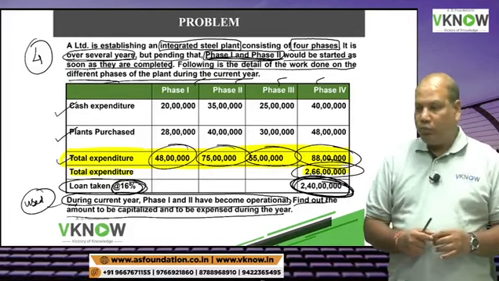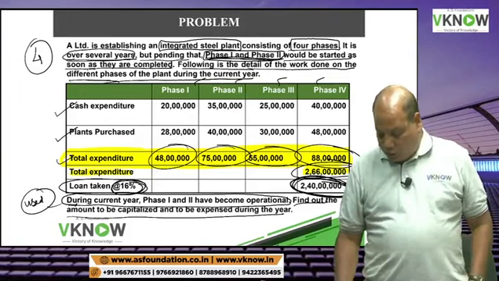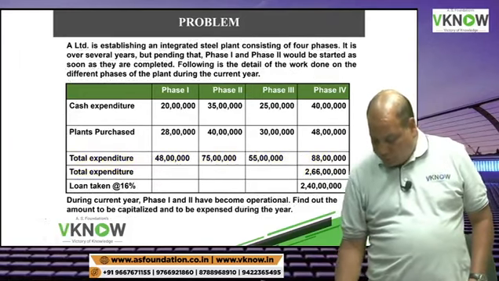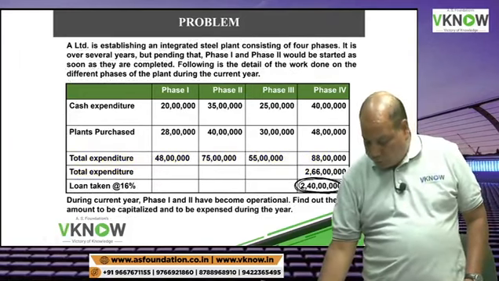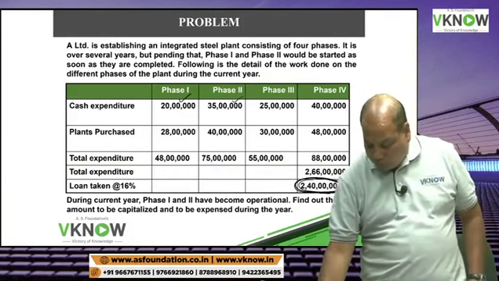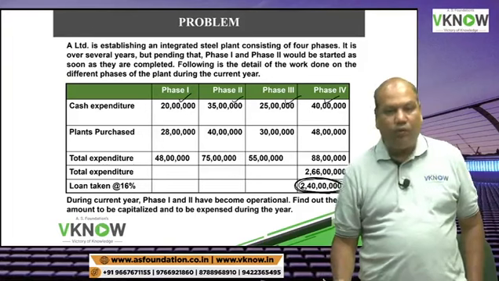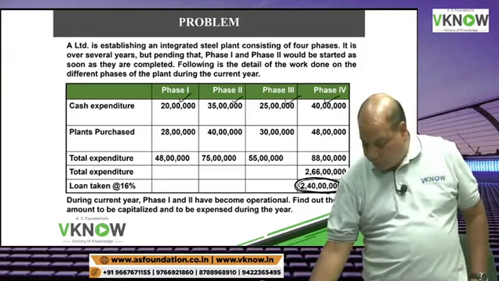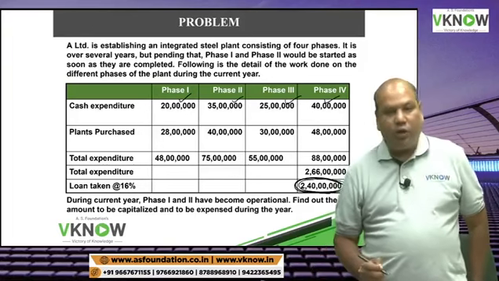So the question is not clear. Out of this 2 crore 40 lakh, how much was the loan taken for phase 1 or phase 2 or phase 3 or phase 4? The breakup of this 240 is not given.